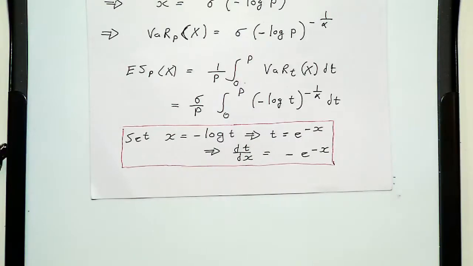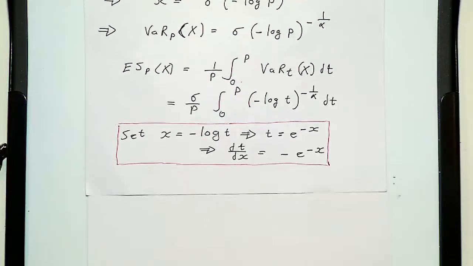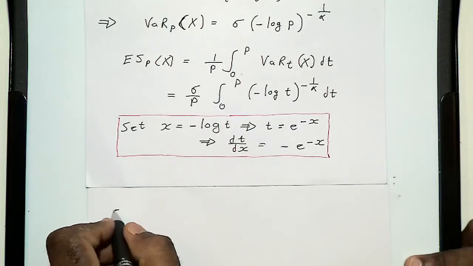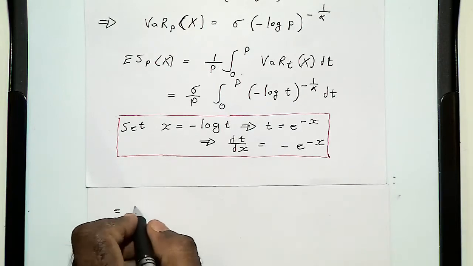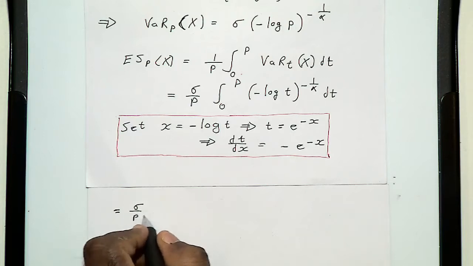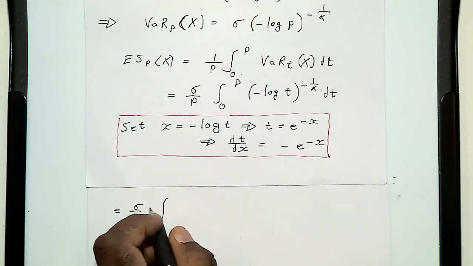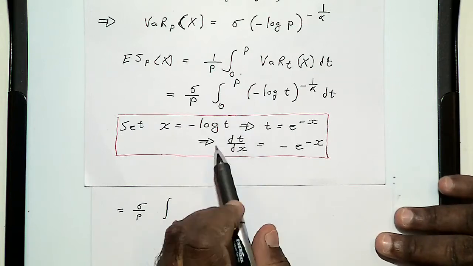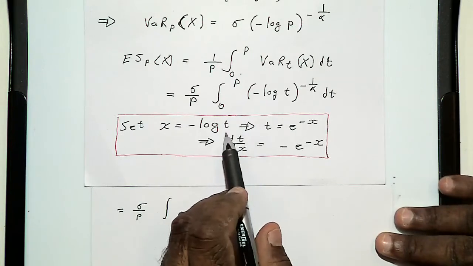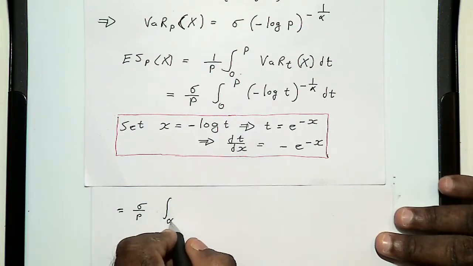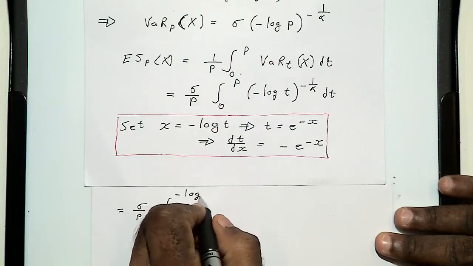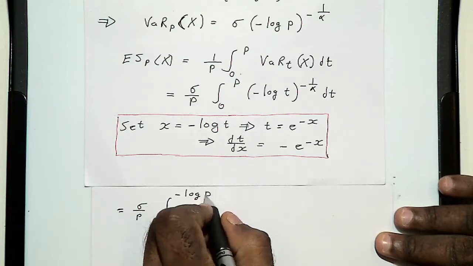Under this, when t is equal to 0, log of 0 is minus infinity, so this will be plus infinity, and you have minus log of p.